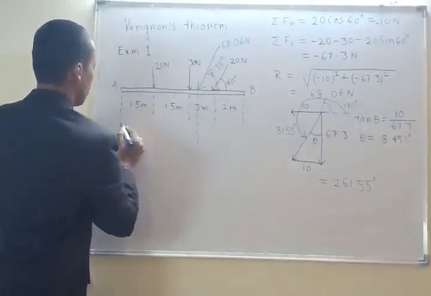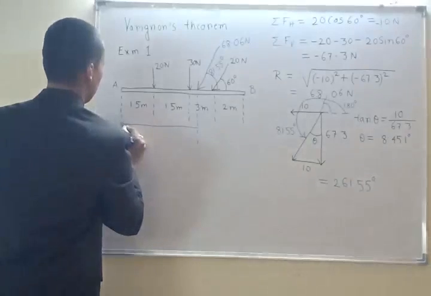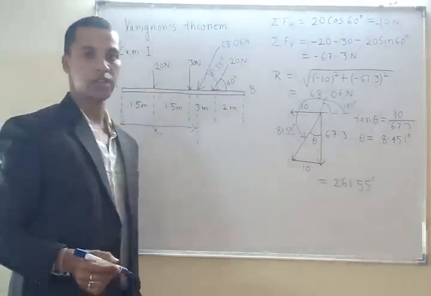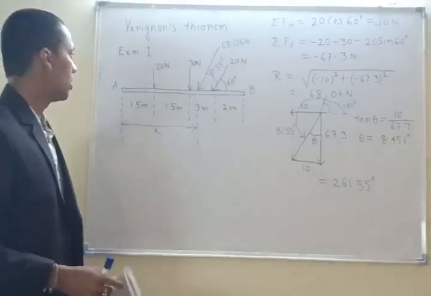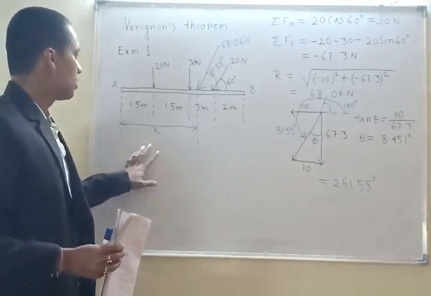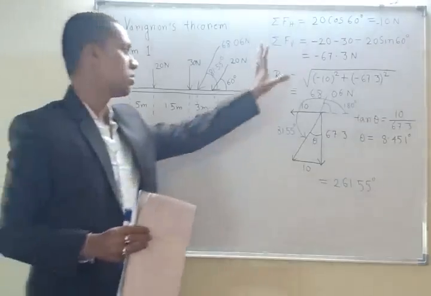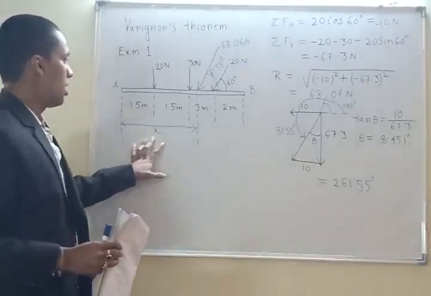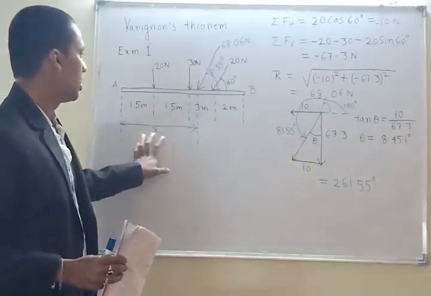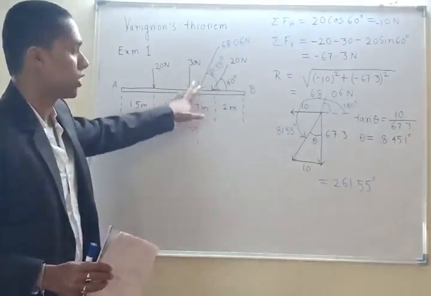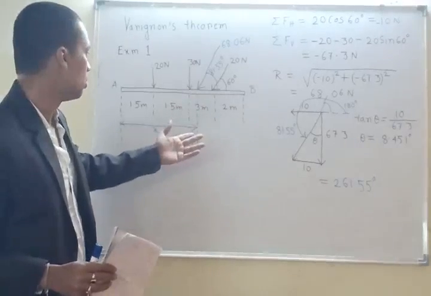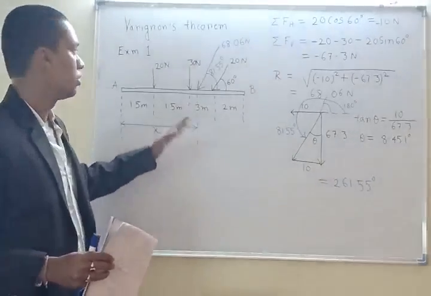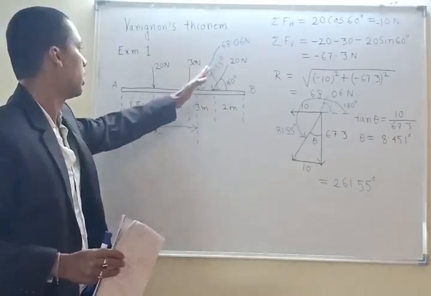That means this one, X. We need to find that X. Actually, this is our whole concept, because this part we have seen before. This is our new concept, and I am just assuming that it will act in this position, but it may not be true. We'll have to see at what point it is acting, what is the value of X. So I'm taking this one to be acting in here.